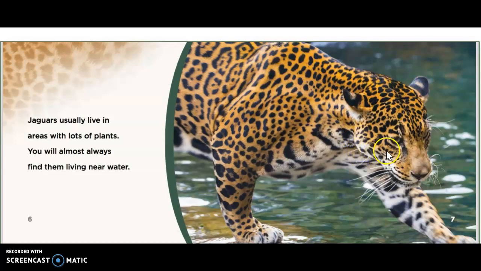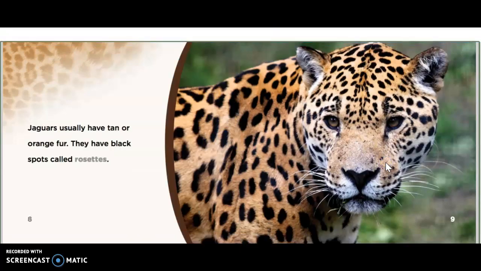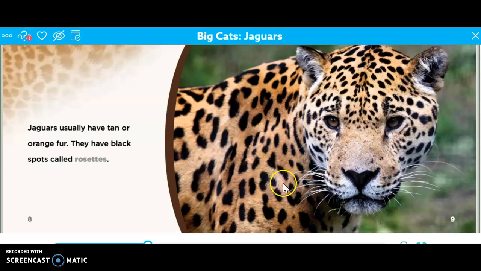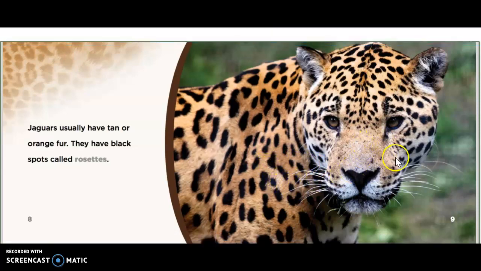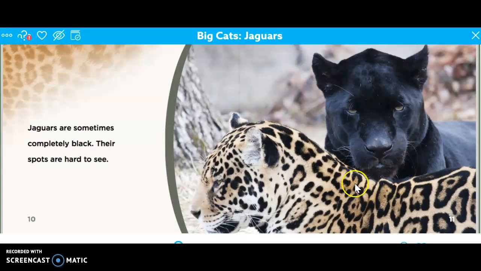The jaguar looks like he's on the hunt for something. Oh, we see another picture of the jaguar's fur right here. And here are some other jaguars, or another color of another jaguar.